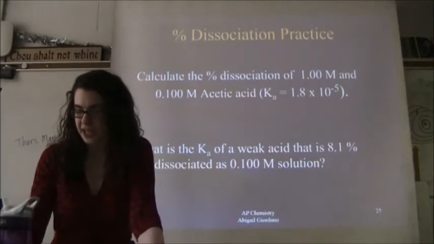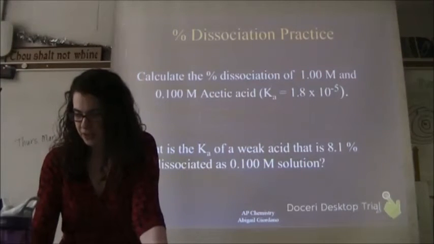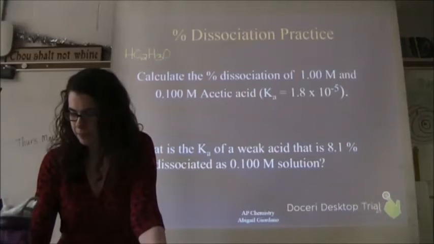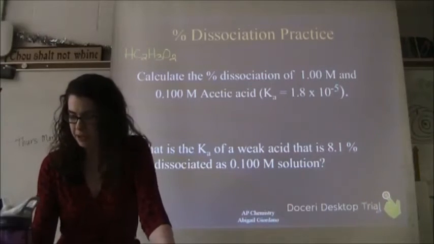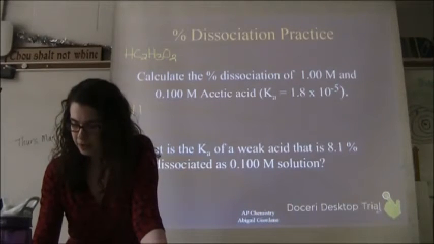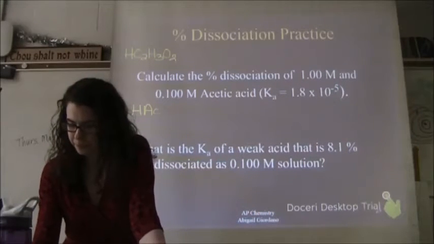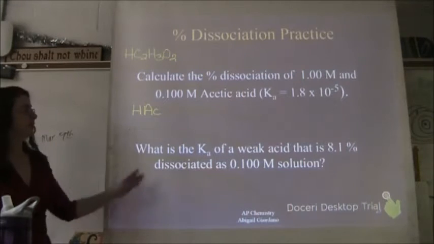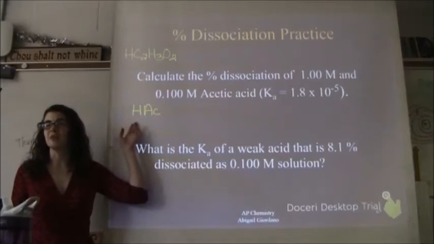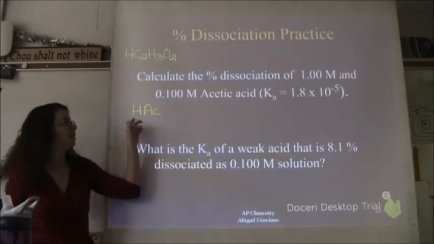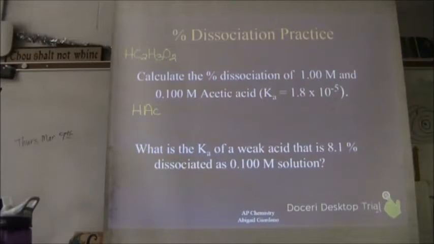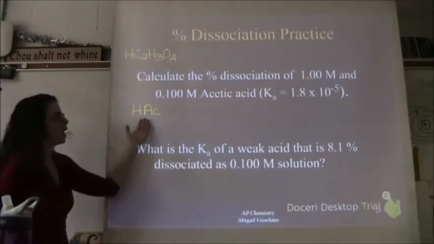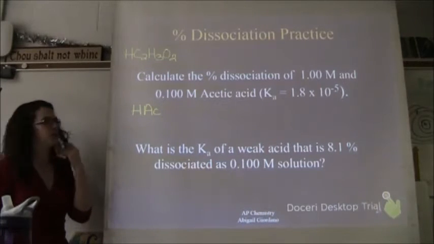If you find it tedious to write out its formula every single time, you have my permission, and sometimes you'll even see this on the AP exam, to write this. Because acetic acid comes up so often, we can write kind of a shorter version of it. Okay? So I'm going to write acetic acid's formula just like that.